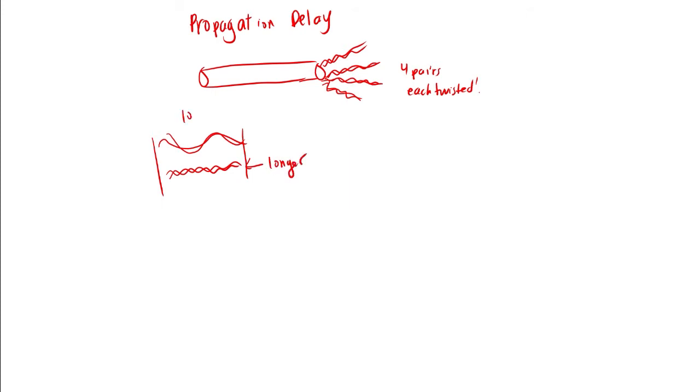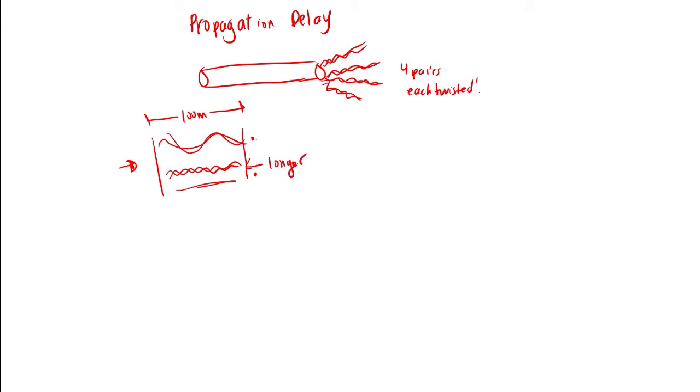Because if this is 100 meters, and these are practically straight, and these are twisted together tightly, they're going to be much longer to get to the same length. And so if we send a signal here, when we receive it, we'll receive the signal on this pair before we receive it on this pair. And we call that the propagation delay.